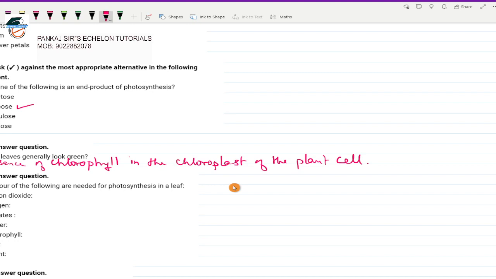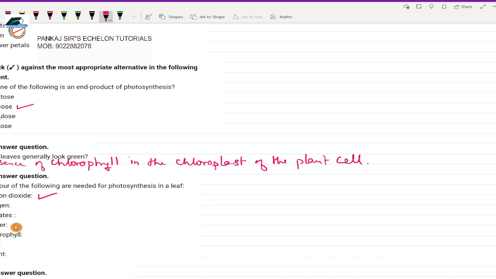In the case of a leaf, what are the raw materials required for the process of photosynthesis? As I have mentioned in my concept video, photosynthesis is a process of manufacturing its own food in the plants. The raw materials required for that are, number one, carbon dioxide, which is taken from the atmosphere.